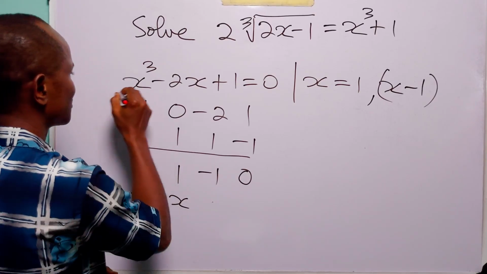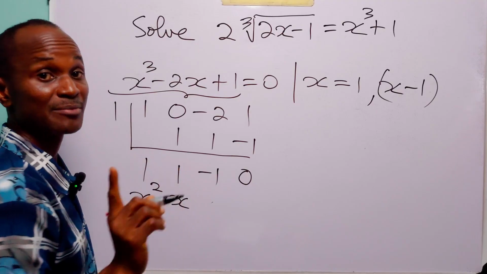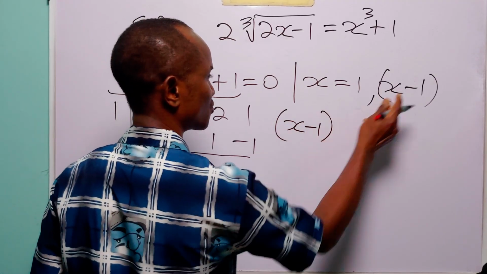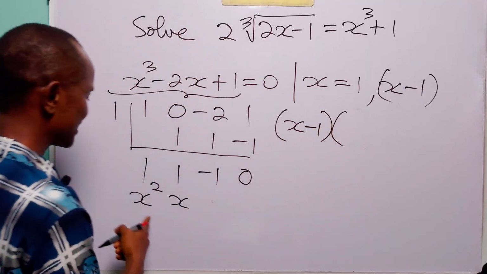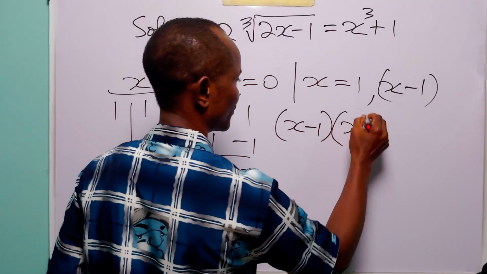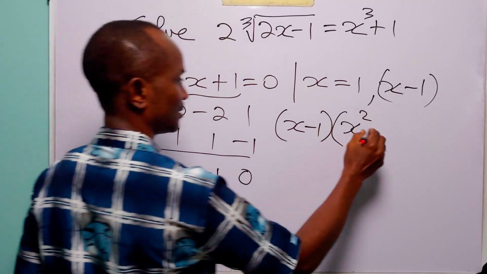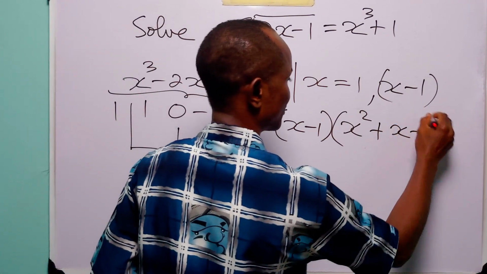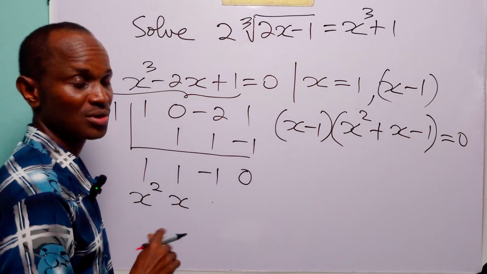So this simply tells us that this polynomial can be factorized as x minus 1 multiplied by x squared plus x minus 1, and this is equal to 0.